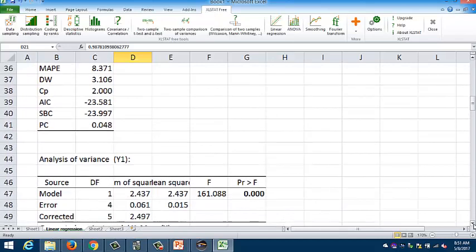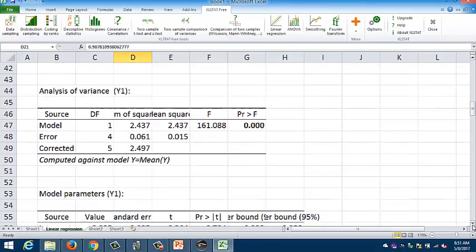Here, when they talk about analysis of variance, we're going to be talking about analysis of variance in a little bit. But you can find the p-value right here, probability bigger than F. So the p-value is basically 0.